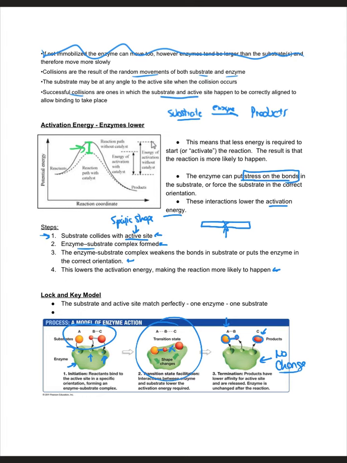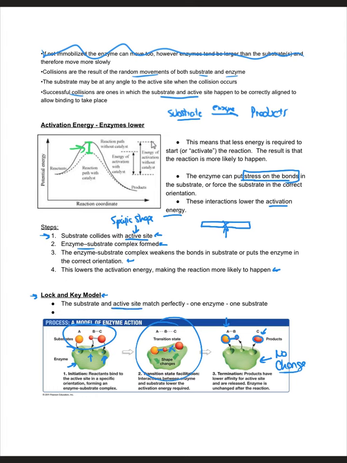Okay, so it's pretty convenient, in the sense that the enzymes can keep catalyzing more of the same substrate. Okay, so one model of enzymes, one way we think enzymes work, is what we call the lock and key model.